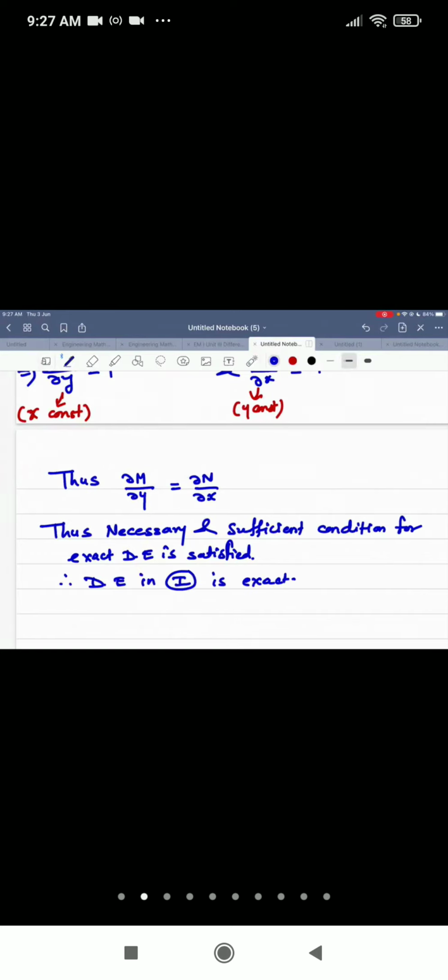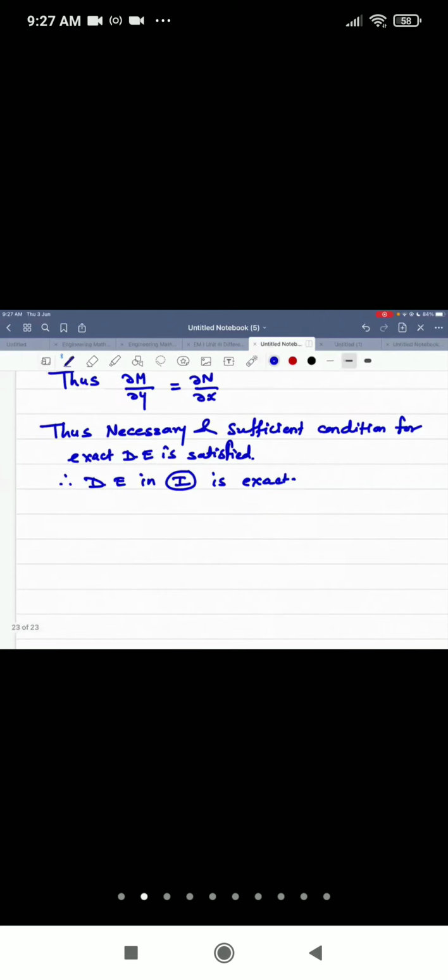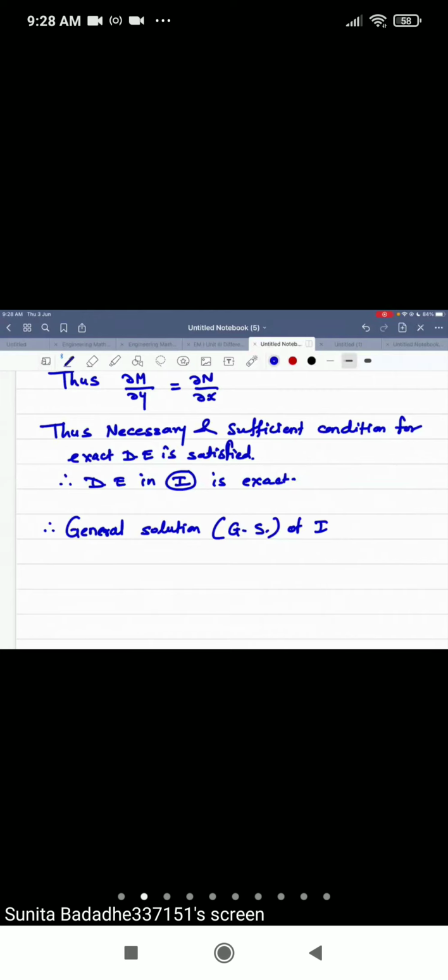Now, once it is exact, we know how to find the general solution. Therefore, the general solution of 1 is. Here onward I'll write the general solution in full, but in the next example I'll use the abbreviation GS. Now, what is the formula?